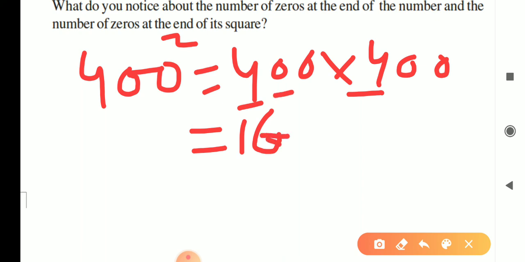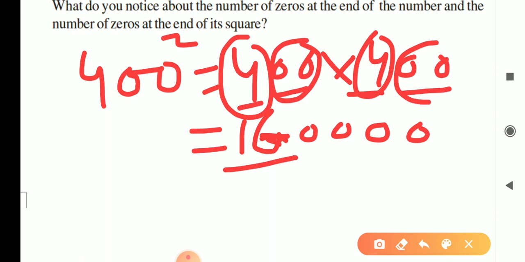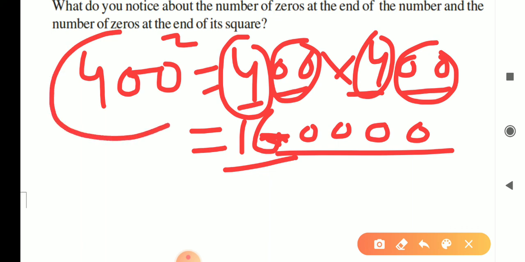And then multiply the zeros: 4 zeros. So 4 fours are 16, and put 4 zeros in front of 16, or rather after 16. So this is the square of 400.